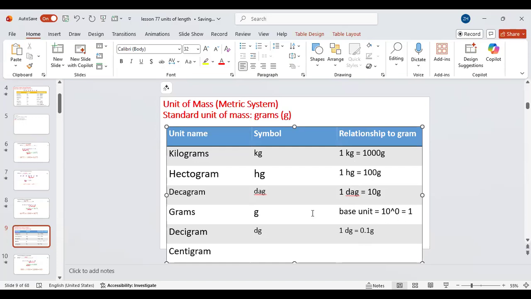It's not the middle one. Remember the meter: the meter is the one whereby we show the relationship with all of the other ones. So when we raise it to the power of 0, we get 1, and that's the unit we use to show the relationship with all the other units. All right? Hopefully that helps at least a bit.